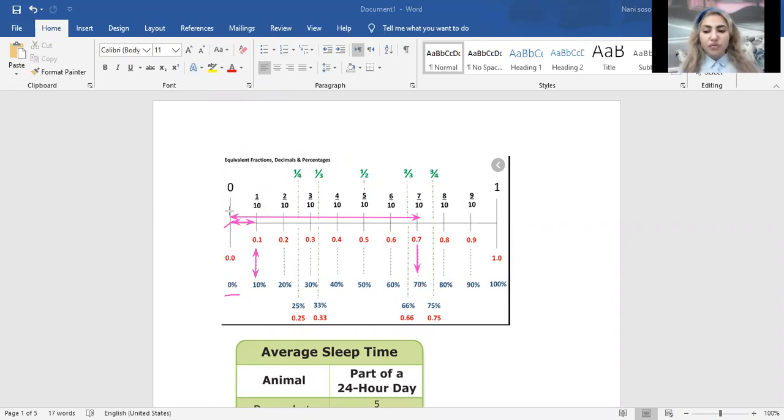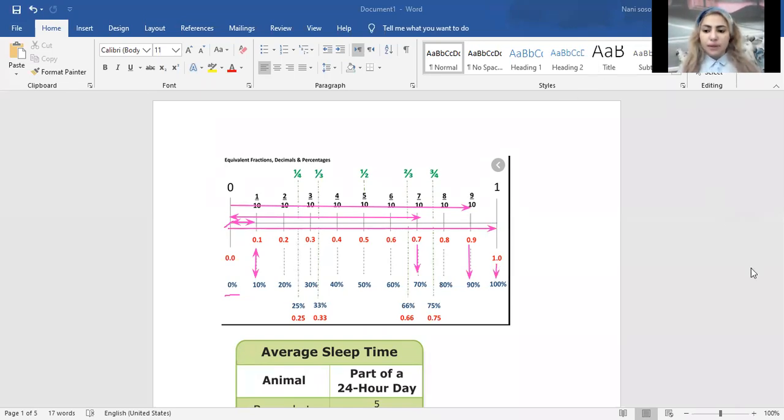If we go from the beginning until 9 out of 10, this is 90%, which is equivalent also to 0.9 as a fraction. If we moved from here until the end, until 1, it is 100%.